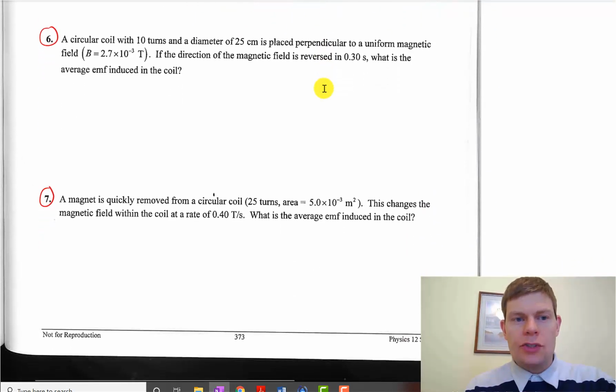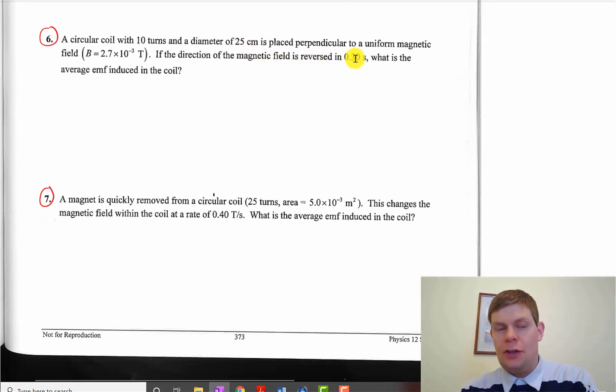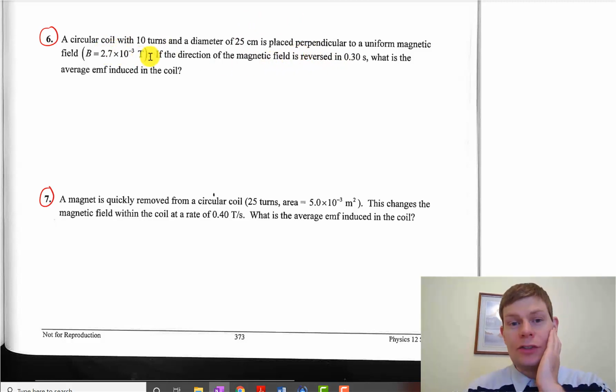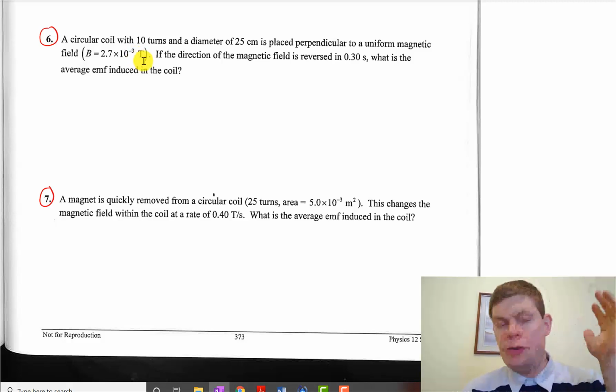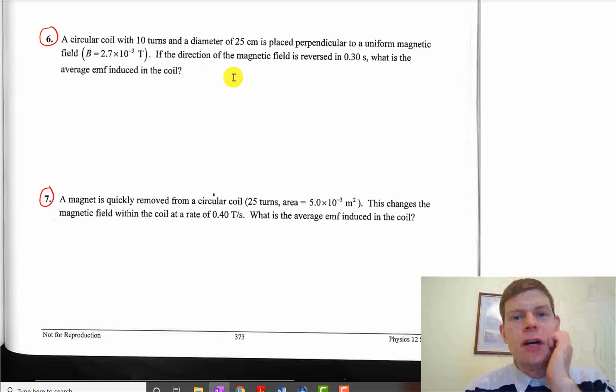I chose this one because it's got the direction of the magnetic field getting reversed. And remember, what matters is the change in flux, but all the previous examples have gone from BA to 0 or 0 to BA, so the magnitude was the same either way. In this case, it's reversing.